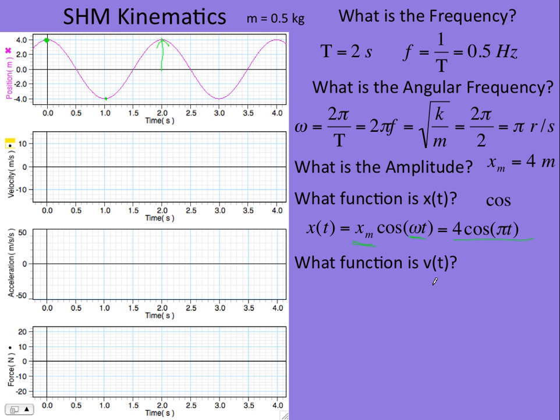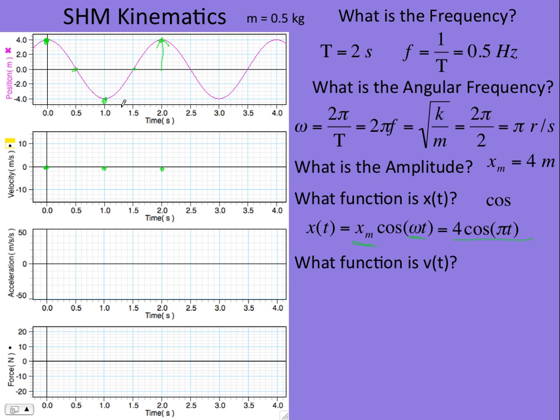How about velocity? What would the equation for velocity be? A couple ways to get that. You can imagine a spring mass bobbing up and down, and we know the velocity at this point and this point is all 0, so we could mark those. Then we know at x equals 0, we have maximum speed.